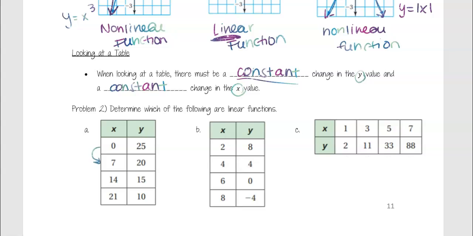To go from 0 to 7, I add 7. Now, this rule must happen when I continue to jump. 7 to 14, add 7. 14 to 21, add 7. So far, we're good. 25 to 20, subtract 5. 20 to 15, subtract 5. 15 to 10, subtract 5. We've got a linear function.